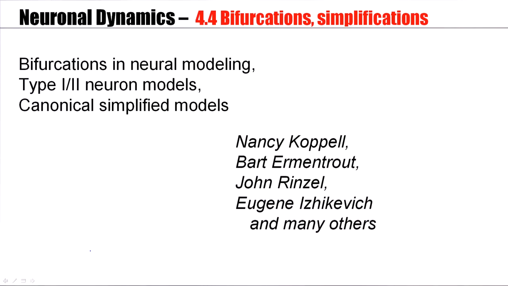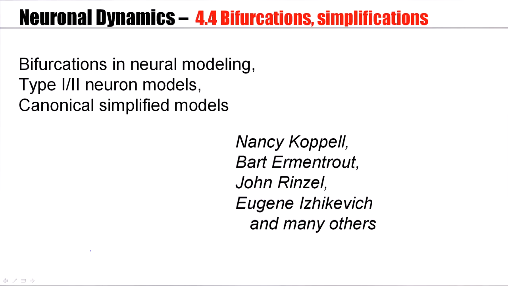In fact, the field of nonlinear dynamics, in particular bifurcations, applied to neuron modeling, has been a very lively field during the last 20 years, and there are many people who have made substantial contributions to that part of theoretical and mathematical neuroscience. I may name Nancy Kopell, Bard Ermentrout, John Rinzel, Eugene Izhikevich, and some others like Boris Gutkin or David Hansel, and many others more.